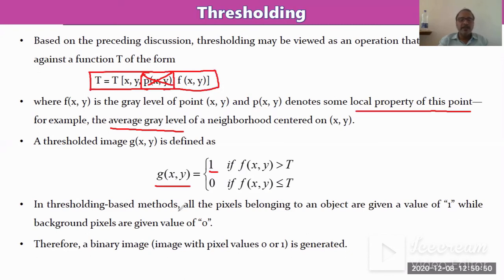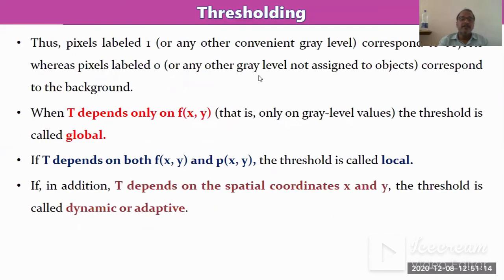In thresholding-based methods, all the pixels belonging to the object give the value 1 if greater than T, and 0 if less than or equal to T. Therefore a binary image is generated, because all pixels are converted into either 1 or 0. Pixel level 1 or any other canonical gray level corresponds to the object, whereas pixel level 0 corresponds to the background.